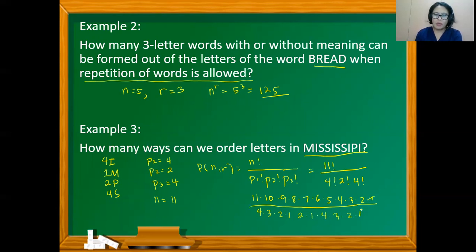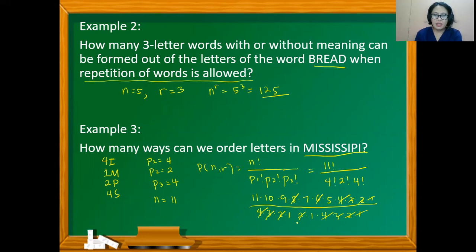So canceling the common factors, we have 4 and 2 that equals 8, and we have 3 and 2 that equals 6.